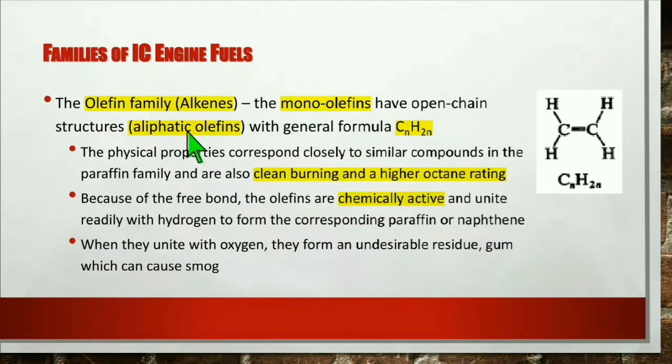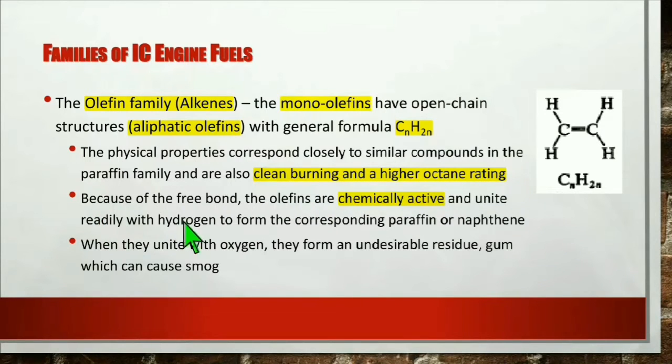Next one, alkenes. The olefin family, alkenes, the monoolefins have open chain structure, aliphatic olefins with general formula CnH2n. This is the chain structure where you can see the double bond. The physical properties correspond closely to similar compounds in the paraffin family and they are also clean burning with a higher octane rating.